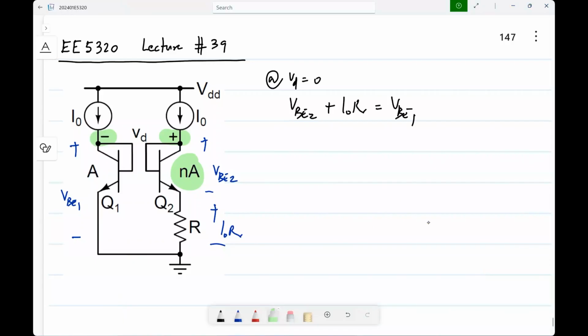So VB1, and so I naught R is VB1 minus VB2. The dimension of a bipolar transistor is the area. As usual, when I say n times the area, assuming n is an integer, I mean that you use n units of this and connect them in parallel.